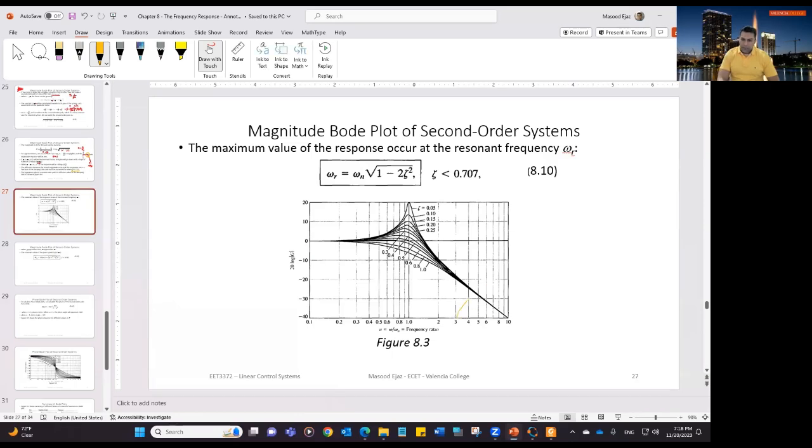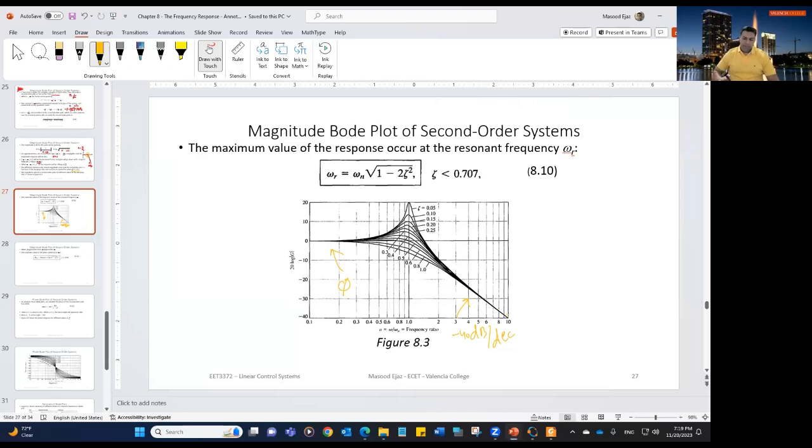This is negative 40 decibel per decade right here, asymptotically going to negative 40 decibel per decade. This is your 0. And then close to omega n, it is going to rise up to a peak value, and then asymptotically merge into negative 40 decibel per decade.